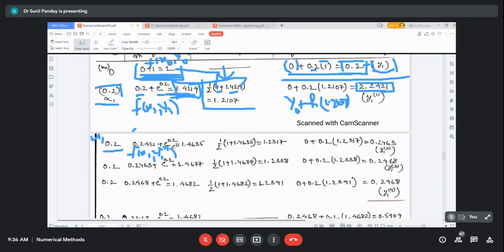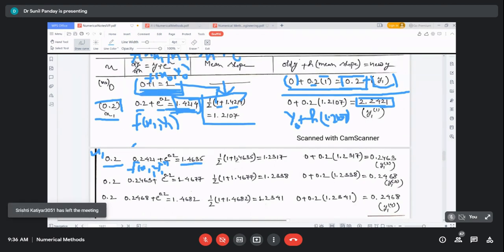Because it's the first updated value we have to use. This is 0.2421, the first updated value of y1, and then x1 is 0.2 again. So y1 superscript 1 is 0.2421 plus e raised to power 0.2, and this will be this one.